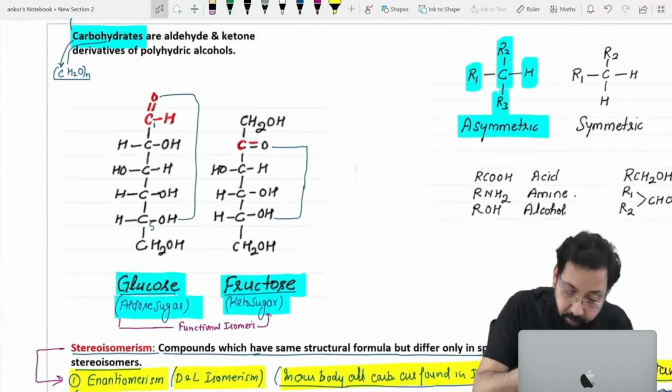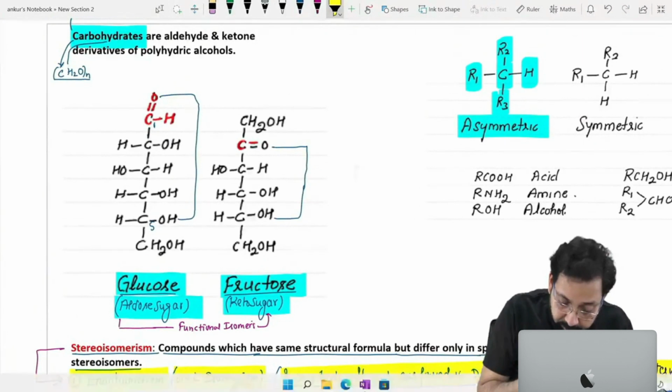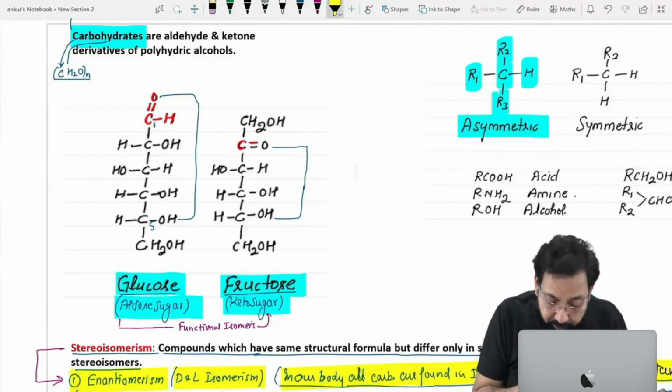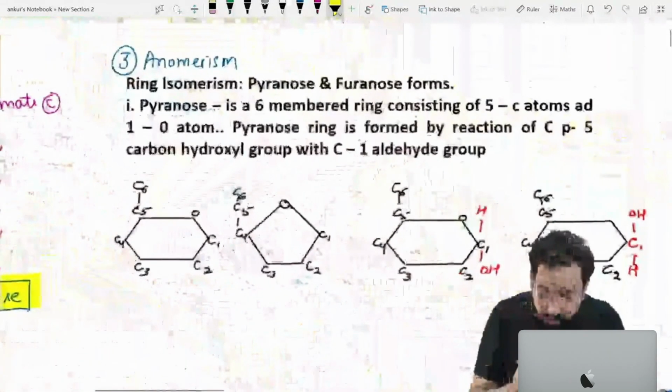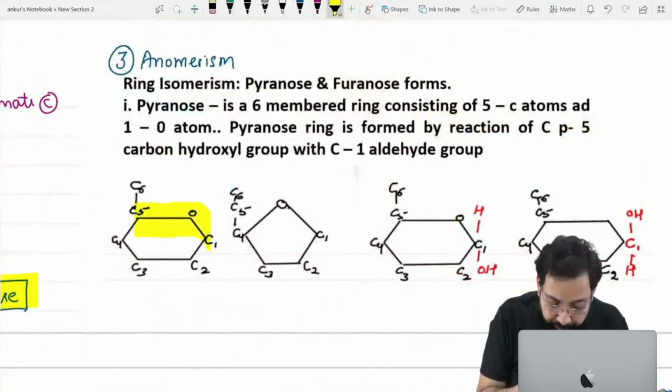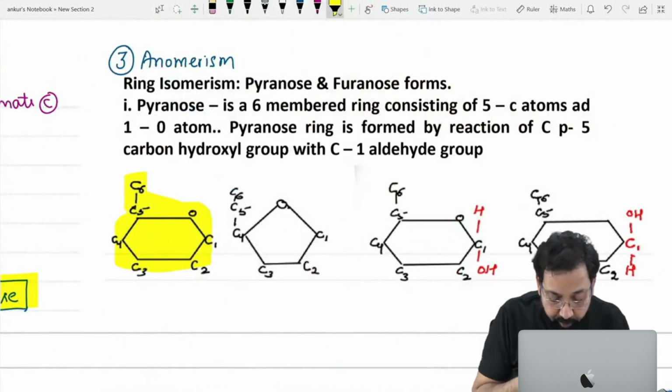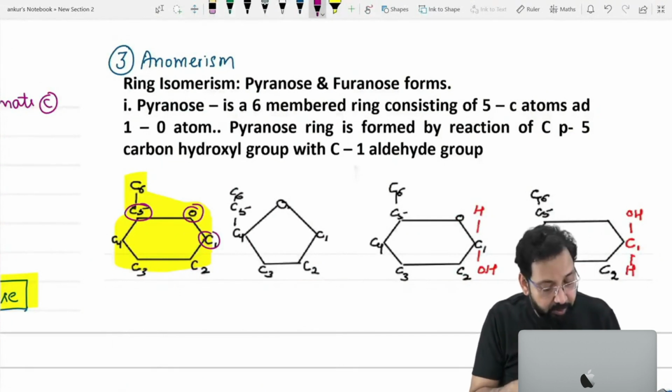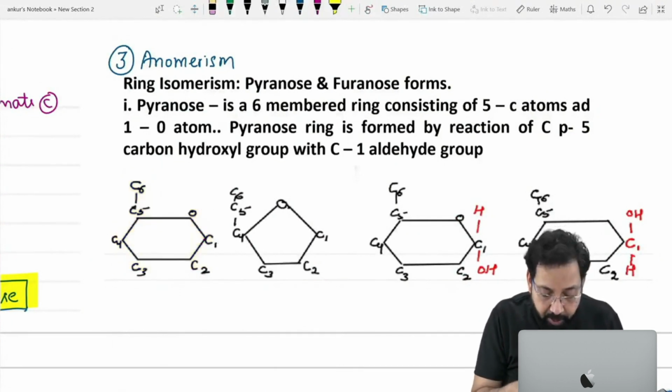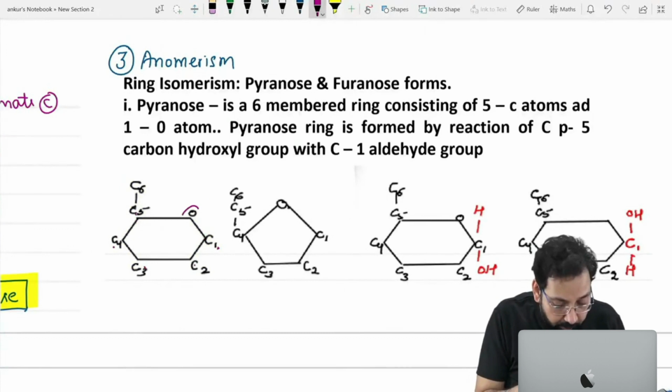Now, in ring structure formation, what would be the ring structure of glucose? This is the ring structure of glucose. In this, C1 binds with C5 with the help of oxygen, the aldehyde group, and this ring has 1, 2, 3, 4, 5 carbon and 1 oxygen.